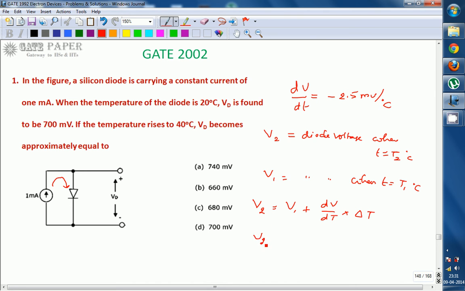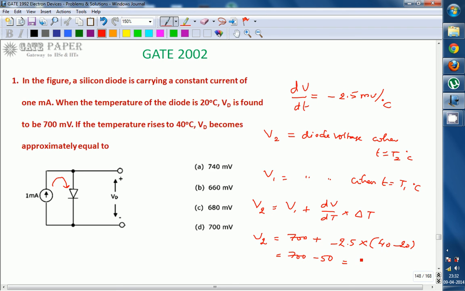So V2, the diode voltage, V1 is given as 700 millivolts, plus dV by dT, which is minus 2.5 millivolts per degree centigrade, into the change in temperature, 40 minus 20. 40 minus 20 is 20, and 20 into 2.5 is 50.